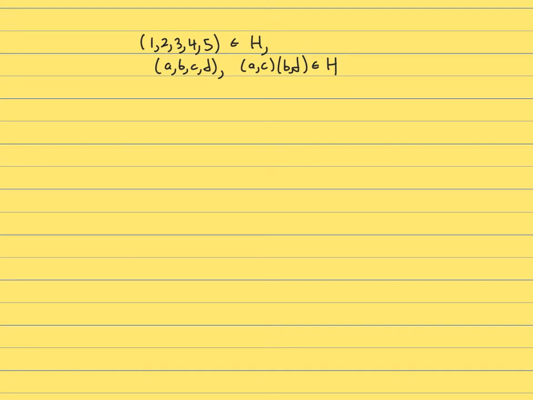Well, let's look at the powers of this cycle. You also have (1 3 5 2 4), (1 4 2 5 3), and of course (1 5 4 3 2).